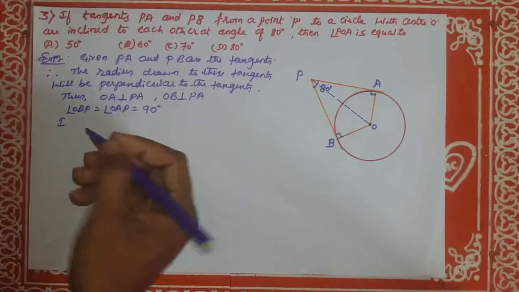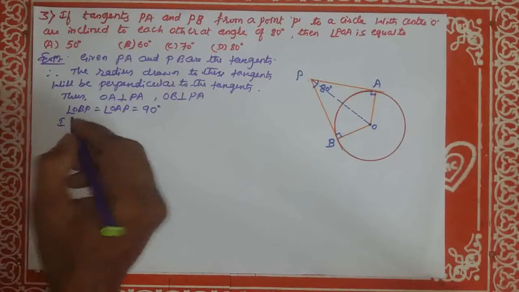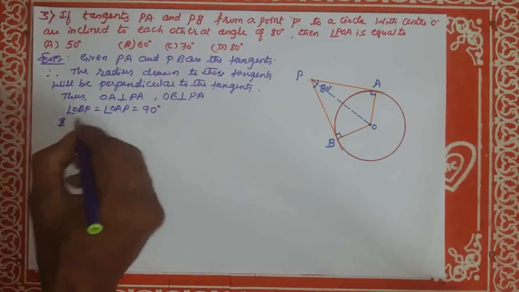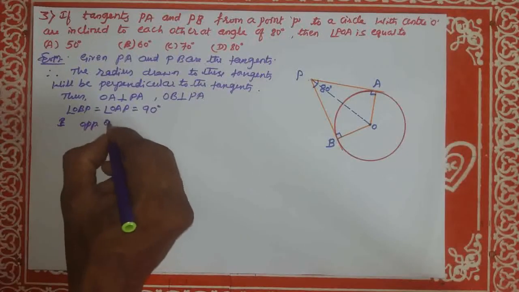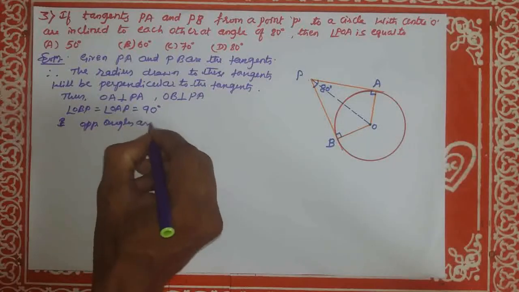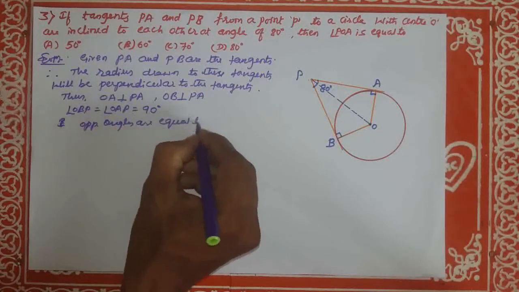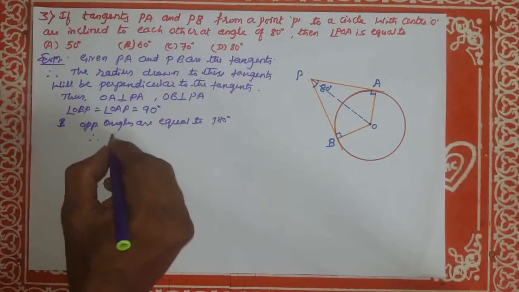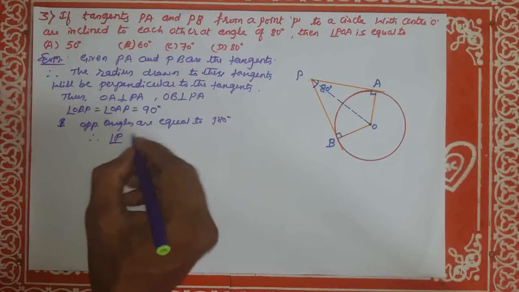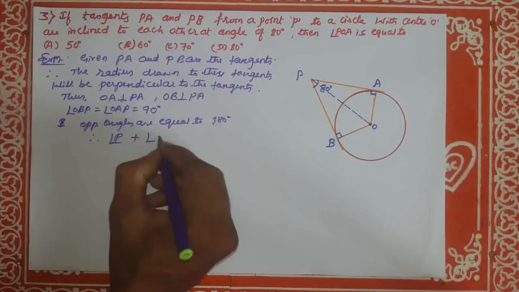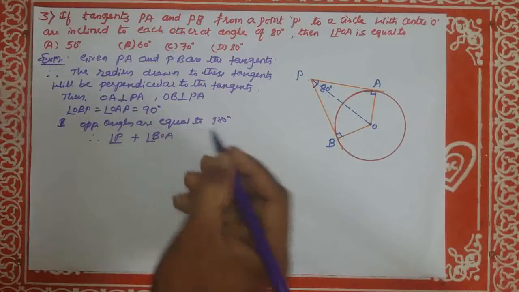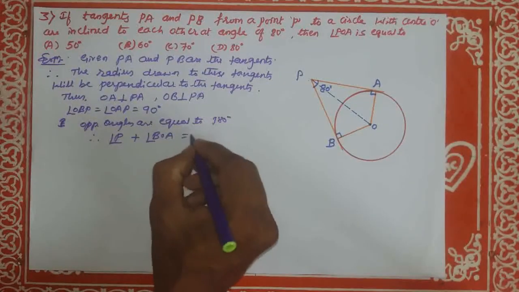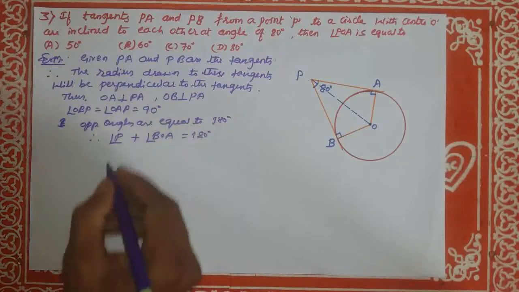Therefore, we can take the opposite angles: angle O plus angle P is equal to 180 degrees. Therefore, angle P plus angle BOA, or you can take angle APB also, is equal to 180 degrees.